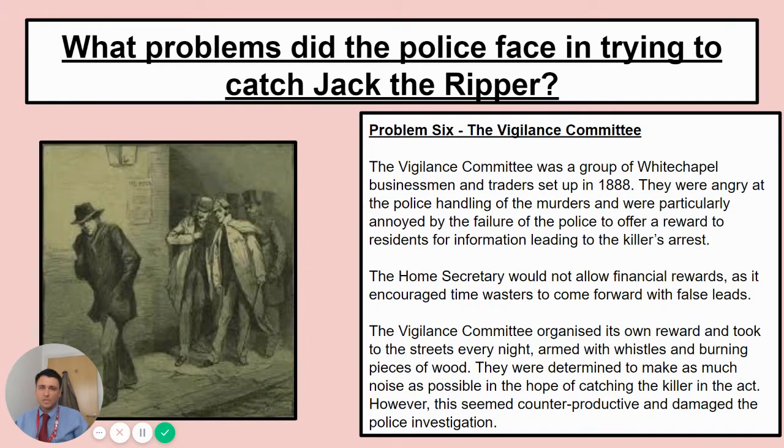Their argument was, if this had happened in any other part of London, the rich areas, there would have been a reward for the killer. You've not set a reward because it's just Whitechapel, it's a poor area. And so these people said, our businesses are being affected, we will put up a reward. We will offer money to the public if you catch Jack the Ripper.